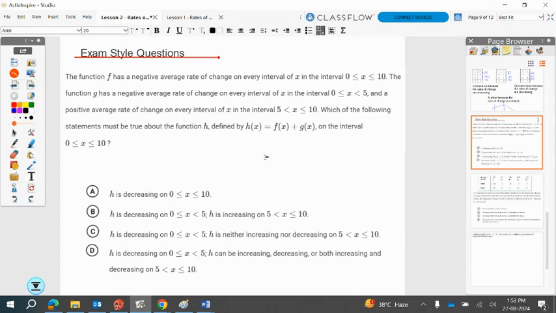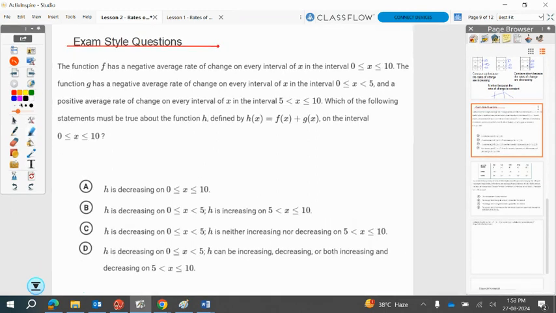So D, our last option, seems good. It's decreasing from 0 to 5. h can be increasing, decreasing, or a bit of both in the interval from 5 to 10. Yes, definitely. Our correct answer there is D.